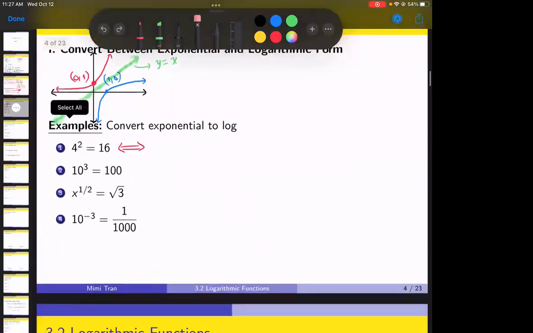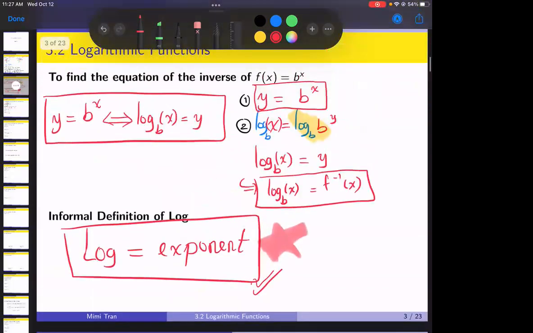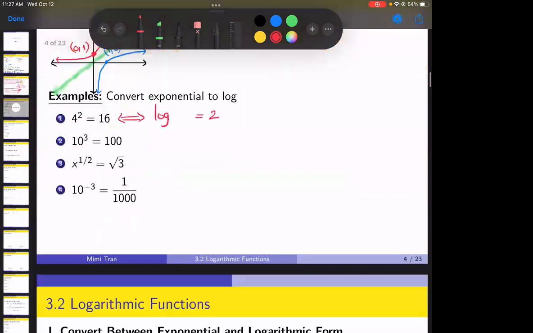So let's convert from exponential to log. Remember, log equals exponent. Leave a little space and then equals. What's the exponent here in the original problem? 2, right? So log equals 2. Out of nowhere, you know the log equals 2. 1 point for you, right? Now you fill in. I need the base and I need the input. Anything inside the parentheses is called input.